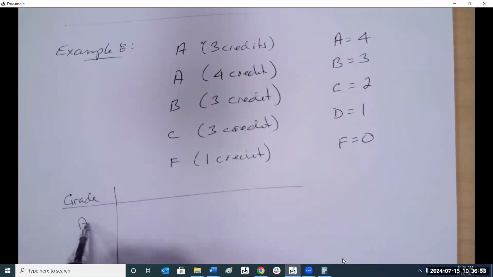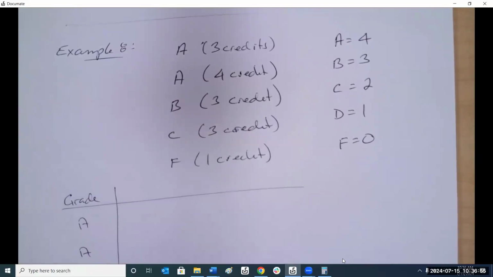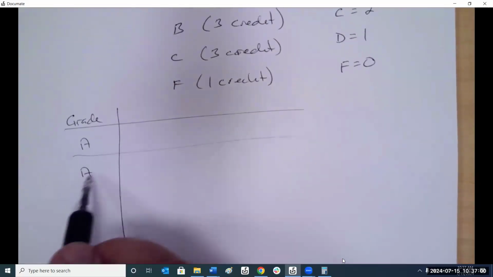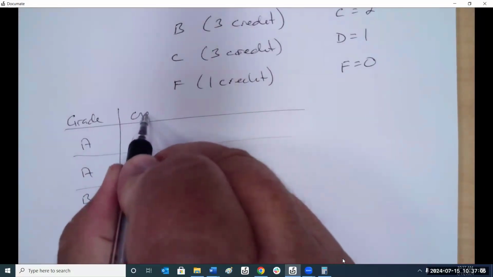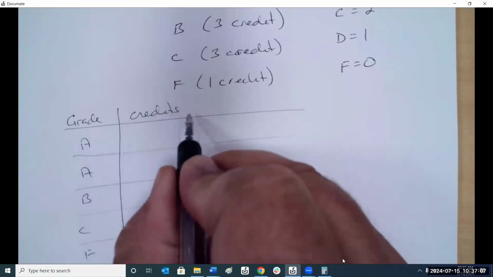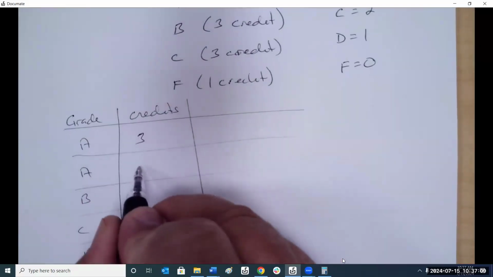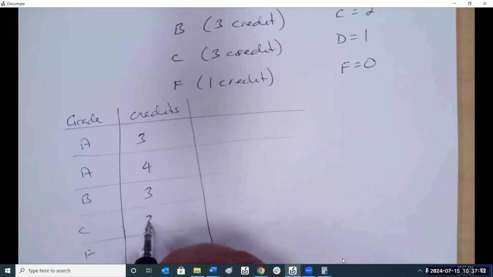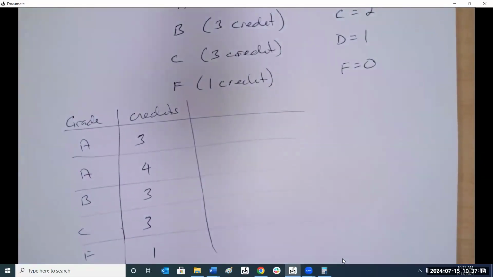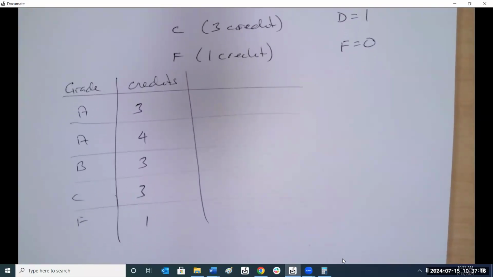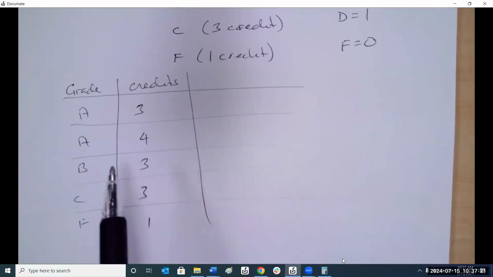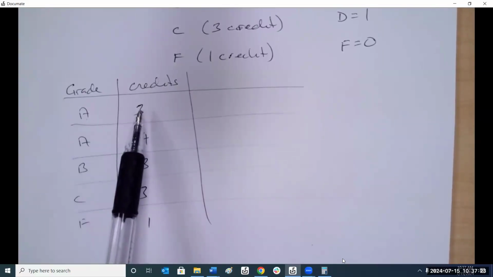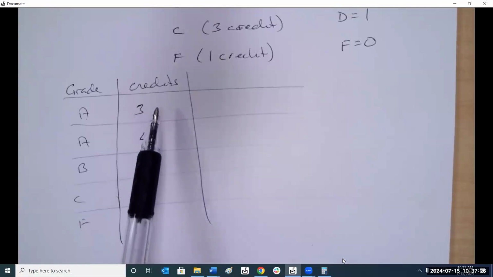So our grades were A, A, B, C, F. The credits: a 3-credit, a 4-credit, a 3-credit, a 3-credit, a 1-credit. Because this is what you usually see on your transcript. You'll see the grade, and you see a number next to it that tells you how many credit hours that class was.